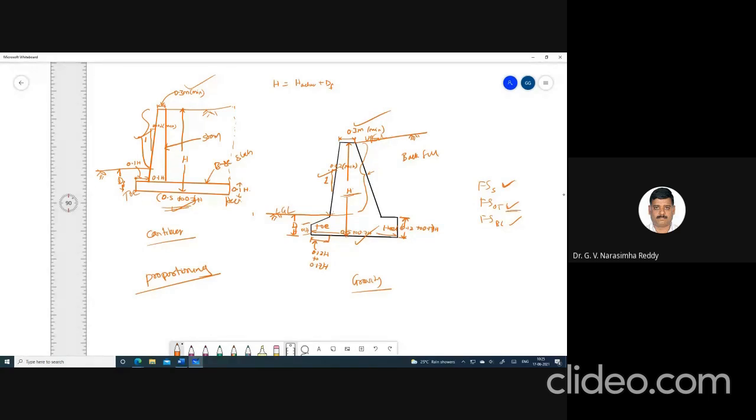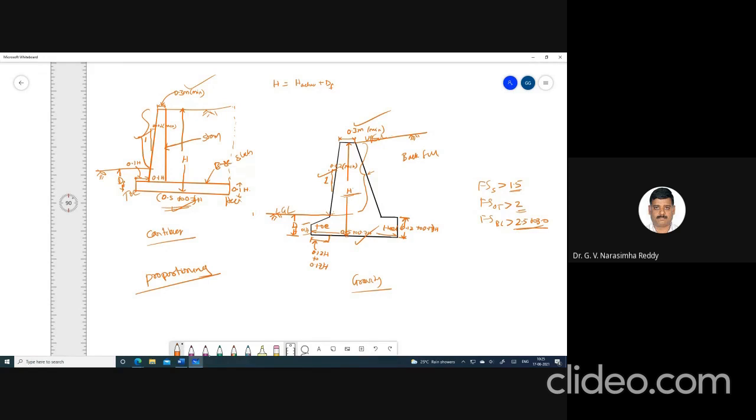So what should be the factor of safety in sliding? How much should it be? Anyone? 1.4 to 1.7. So it should be more than 1.5, more than 2, more than 2.5 to 3. This is what we generally discuss in retaining walls, isn't it?